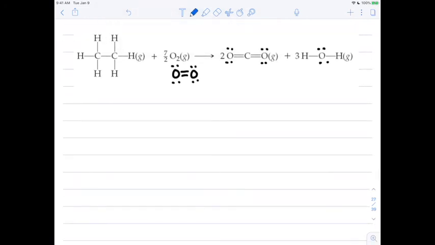All right, so the first thing I'm going to do is look at my reactants. And I want to count up how many of each type of bond we have. So let's start off with the bond types. So I see that we have a carbon-hydrogen bond. How many carbon-hydrogen bonds do we have?